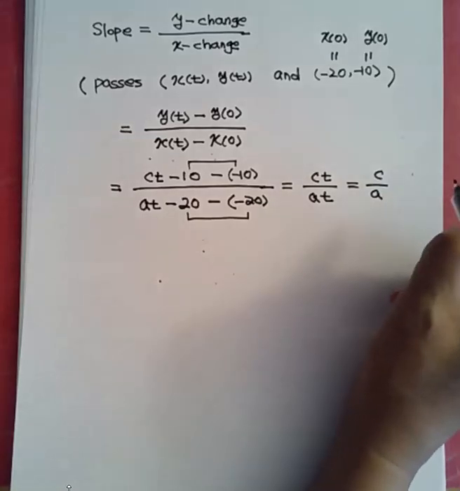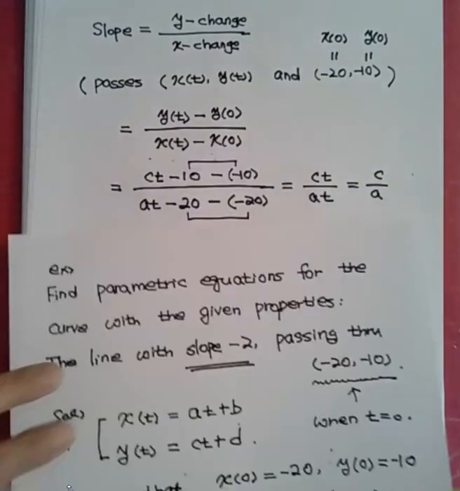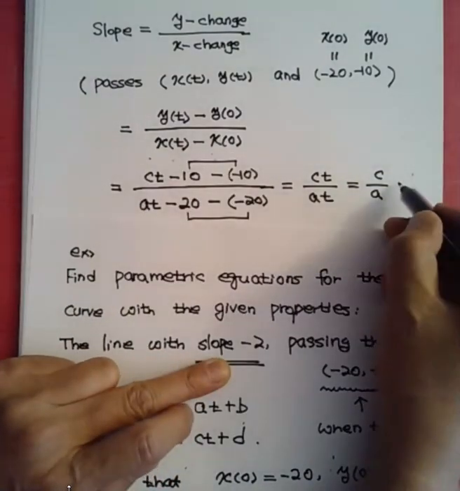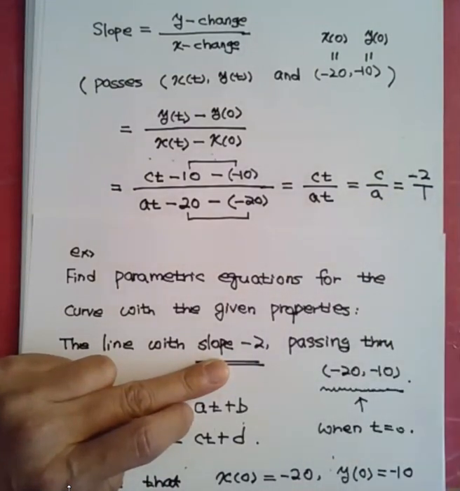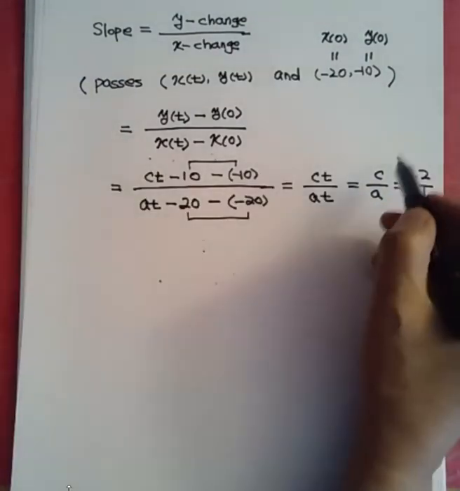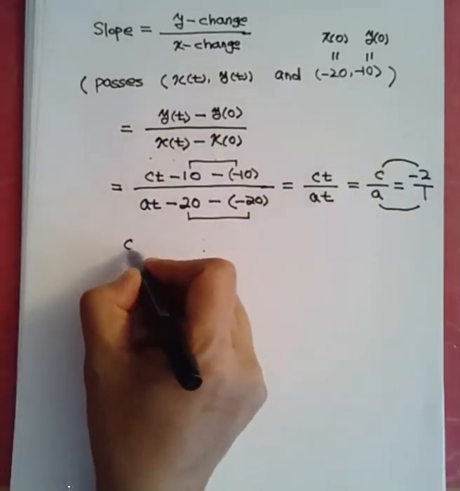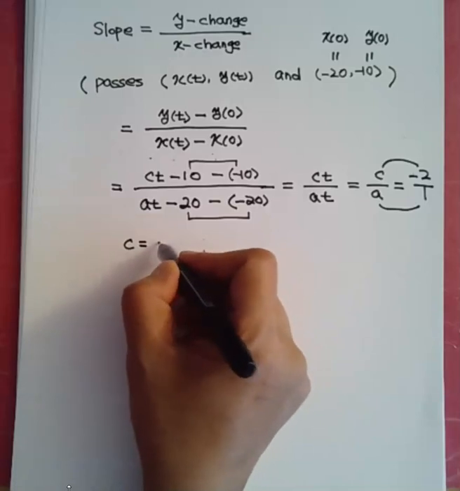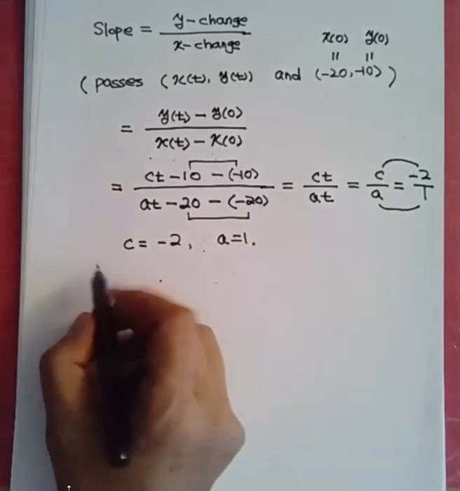We know that the slope is minus 2 in the problem, so we can rewrite that as minus 2 over 1, and we match it like this. Then we can say that c equals minus 2 and a equals 1.